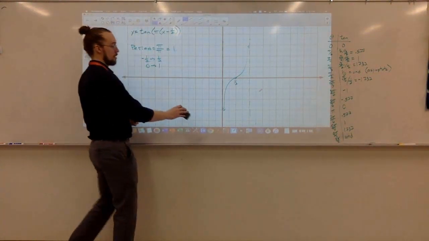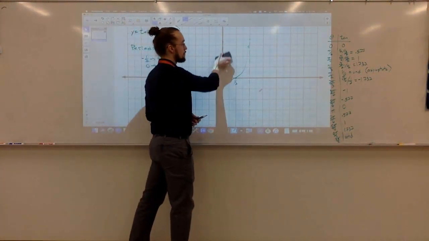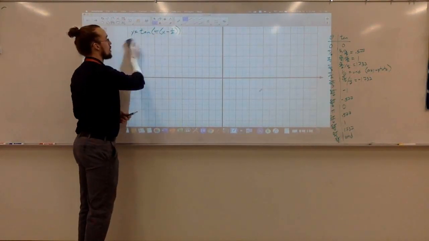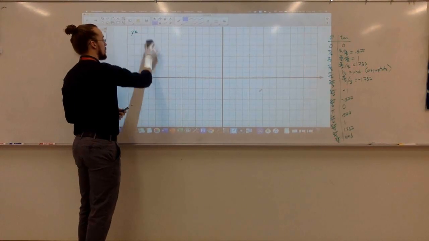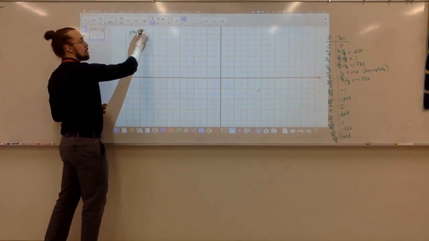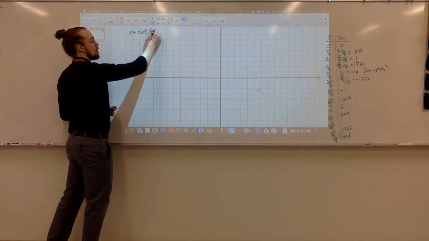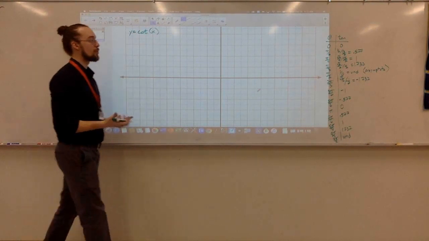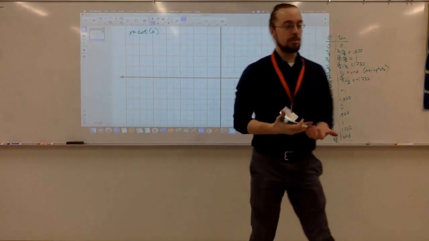Alright, let's quickly try a cotangent curve here. So cotangent is graphed similarly, right?